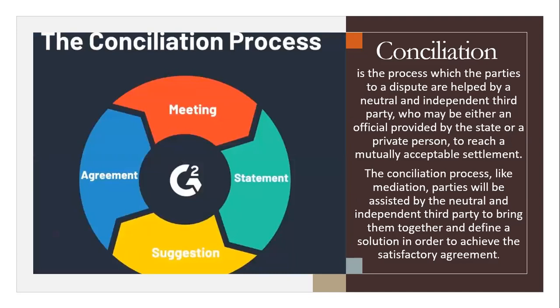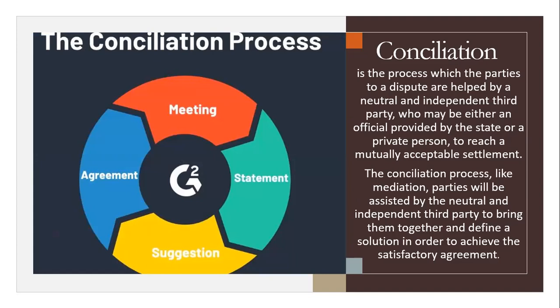The next conflict resolution process we are looking at today is the conciliation process. This conciliation process is so similar to mediation in that it's also an independent third party who tries to settle the differences between people. This one is also so wonderful.